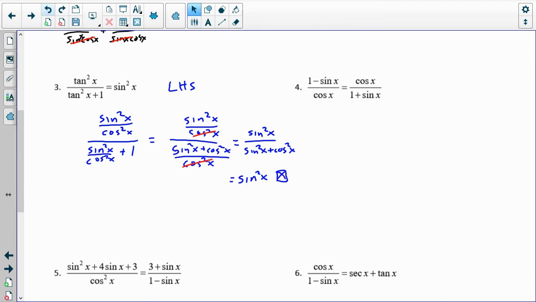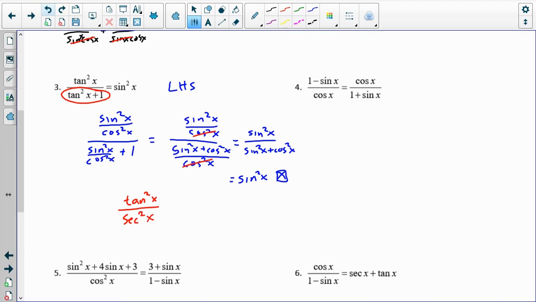Real quick, I actually didn't have to do that if I know my trig identities really, really well, because tangent squared plus 1 is secant squared. Now, tangent squared is sine squared over cosine squared, and secant squared is 1 over cosine squared.